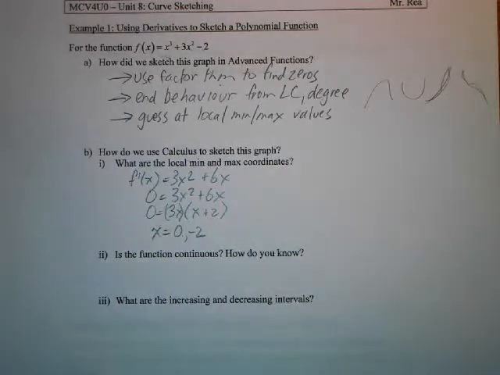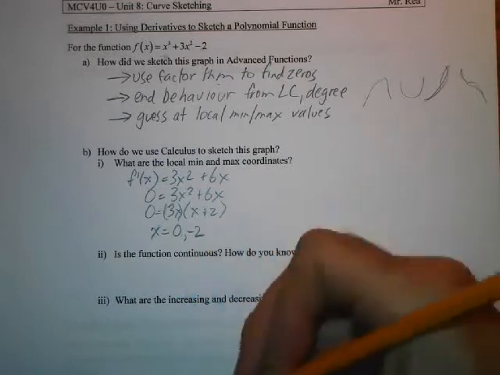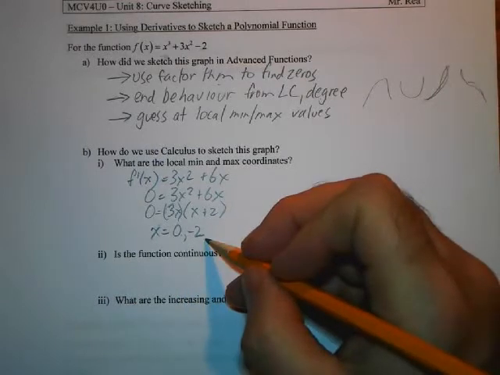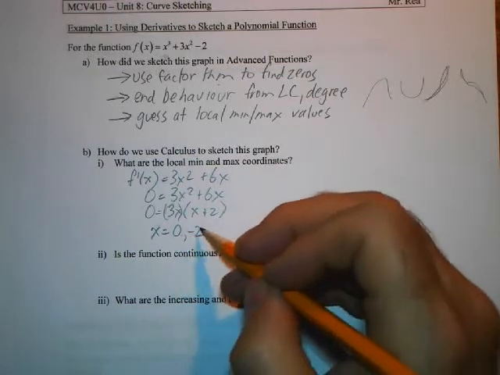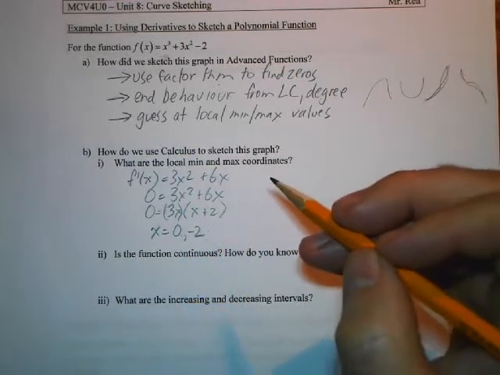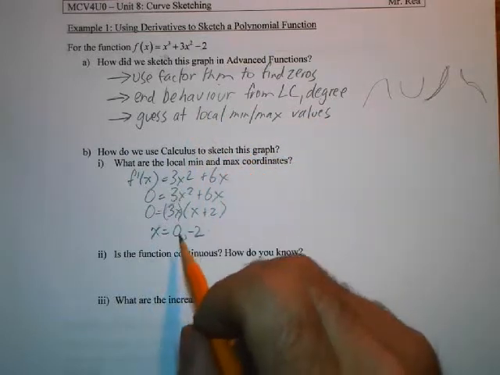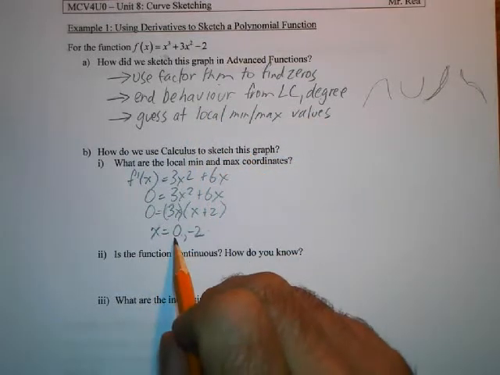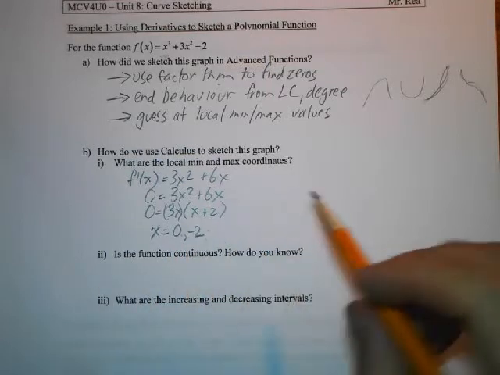We don't know at this point, is it a local min or max? We know they're critical points, and like we've said in the introduction, it may not be a local min or a max. It might be neither. So we'll talk about that when we get there.